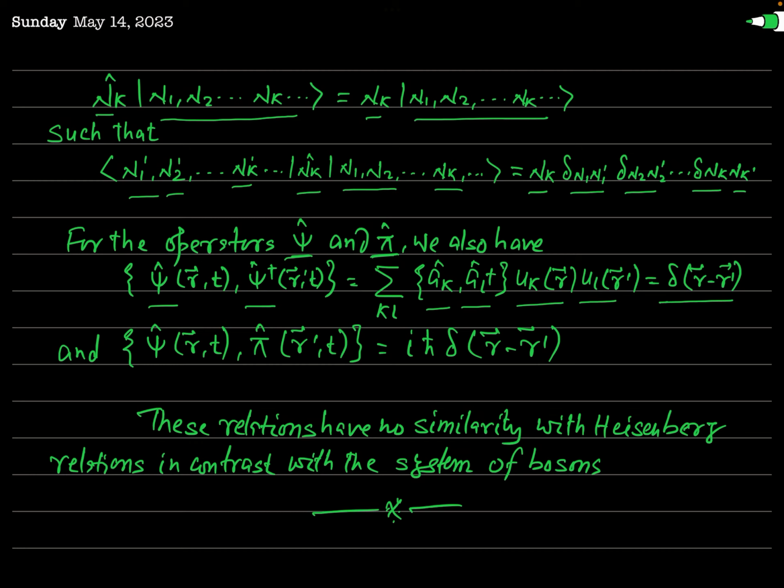Okay. And the other relation obeyed by these two operators is what? This is the anti-commutator of psi hat of r,t and pi hat of r',t, that is equal to i h bar delta(r minus r'). This is the Dirac delta function, and I hope you have an idea of it, and I have also discussed this in the previous lecture.